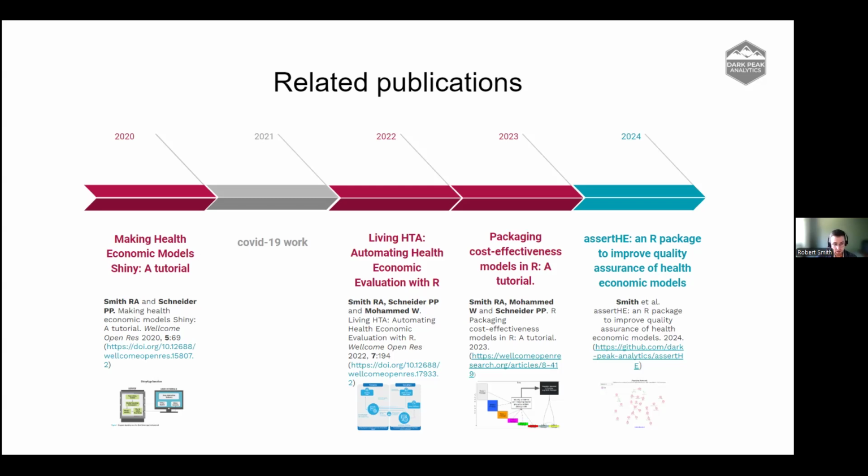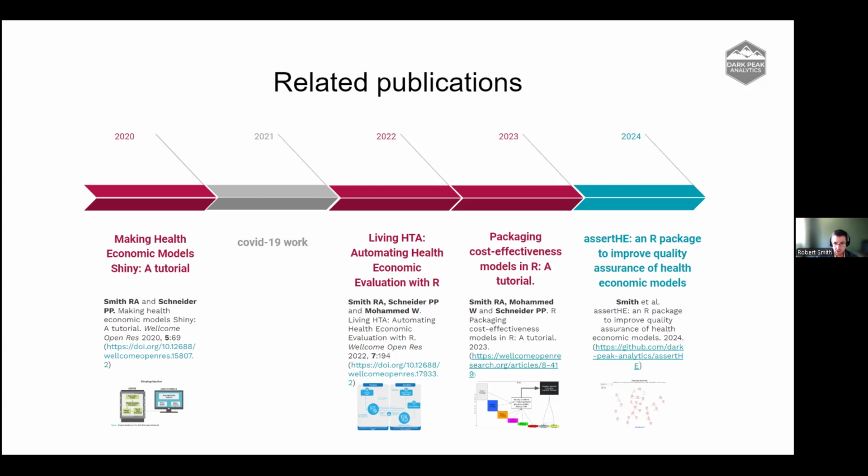And that's got a huge amount of traction, and I'll cover that first, and then look into Living HTA, which has got much less traction, but I think is still interesting and one definitely for the future. Essentially trying to automate updates to models as new data comes in, so that your model report always reflects the latest data.